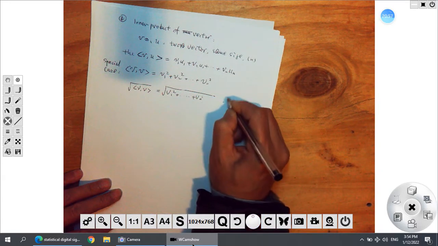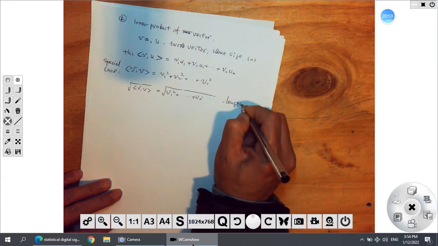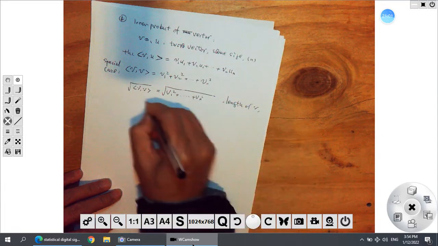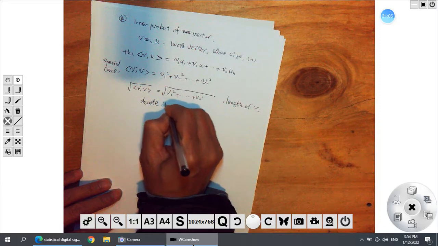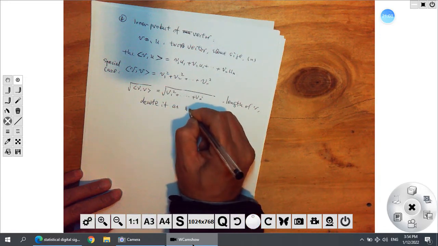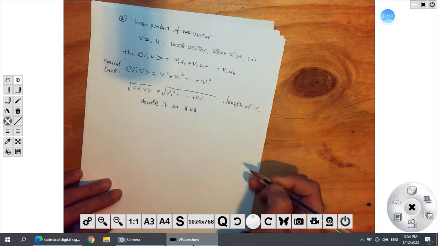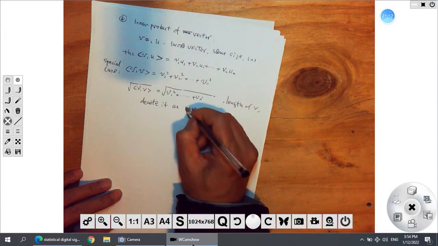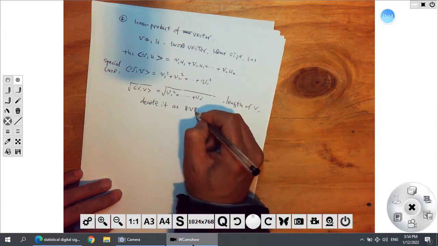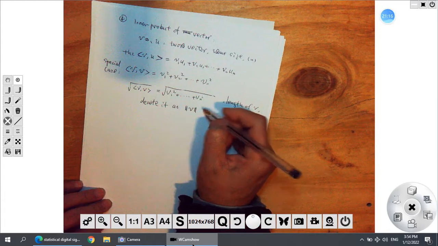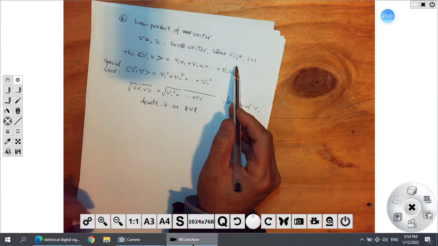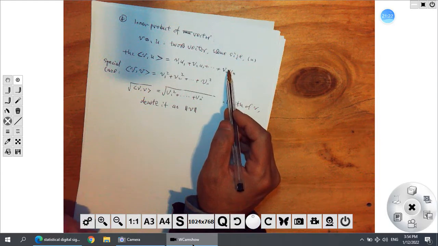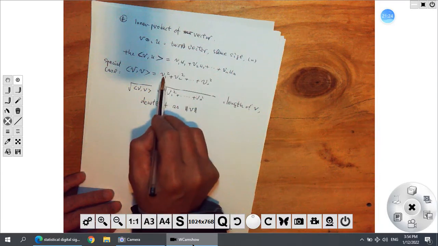This is the length of V, and denoted as V like this. It's kind of an absolute value, but not really, right? If the vector has size 1, there will be just one number. Then here is just V1 square.